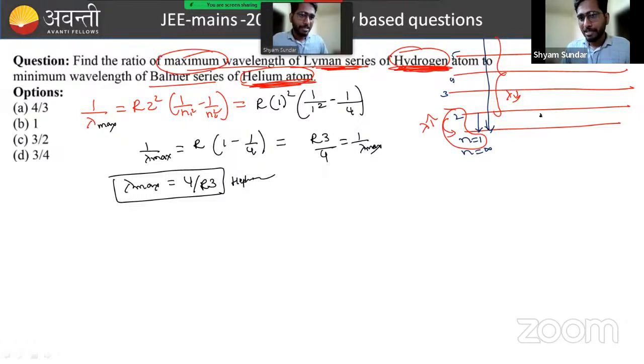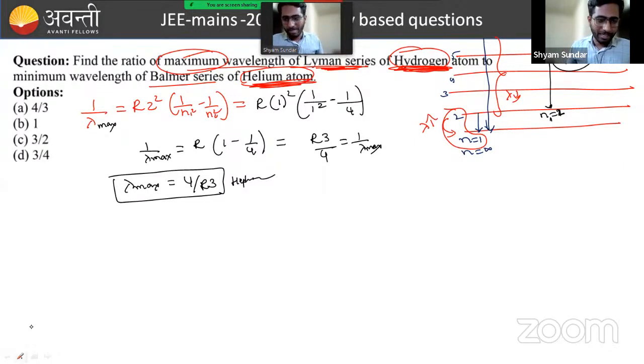For Balmer series, the n value is 2. The ground state n1 is 2, and the higher energy levels will be 2, 3, 4, 5, 6, 7, 8, 9 up to infinity. They're asking for the minimum wavelength. Minimum wavelength is obtained when it falls from n2 equals infinity. When it falls from infinity, it emits the wavelength which is minimum, but the energy is higher.